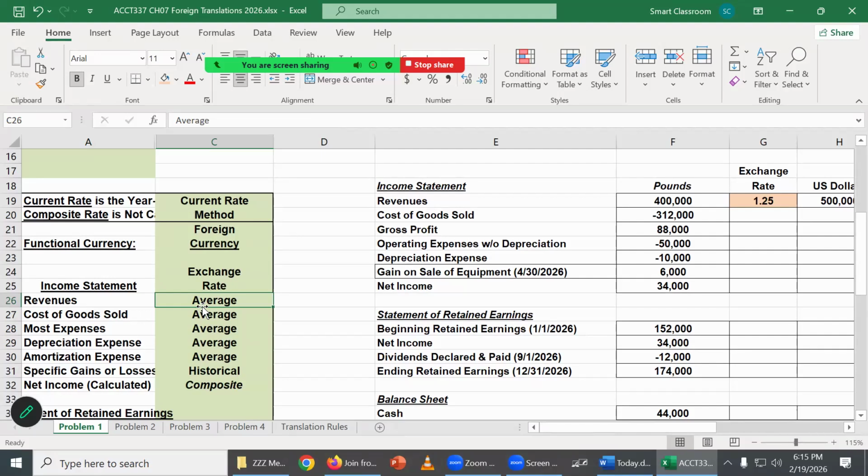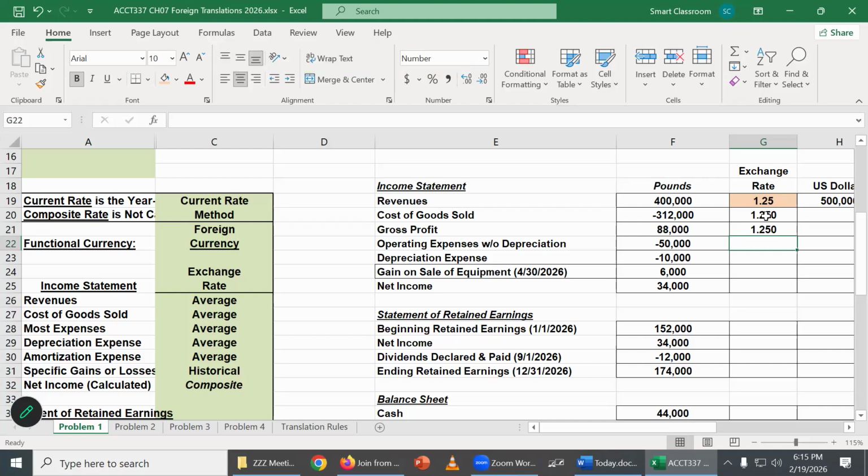Okay, cost of goods sold, what would we use? Average. And you'll kind of see that for most of these, they're all going to be average. Most expenses are going to be average. Operating expenses without depreciation: average. Depreciation expense: average.